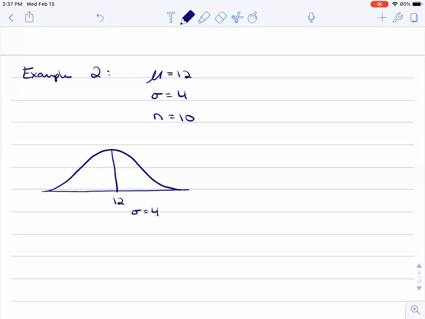How we draw this curve doesn't change for means and for a single observation. It's just our calculation. And then we want to know, if we've got 15 up here, what's the area under the curve? What's the probability that the mean weight is more than 15?